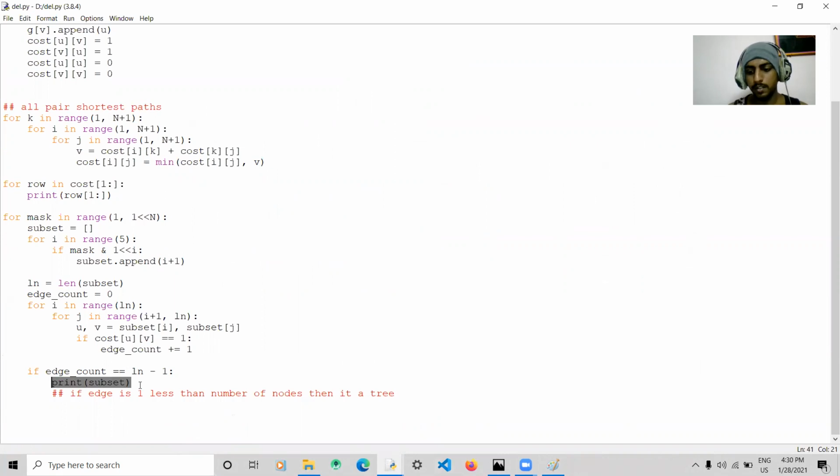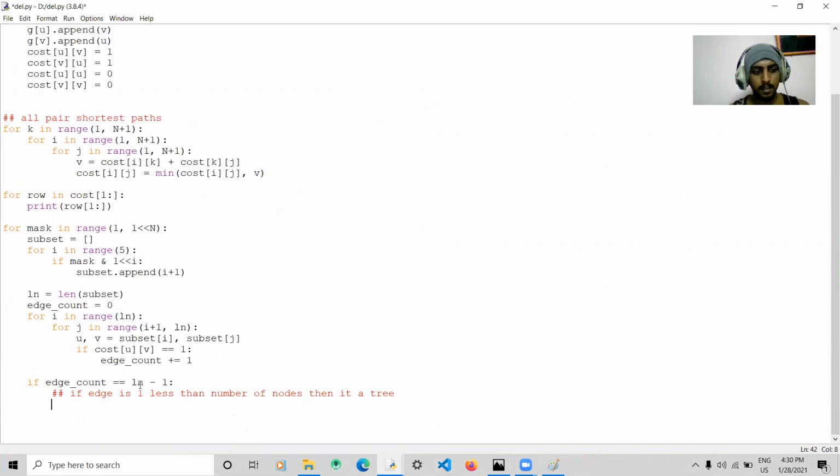Now if the current subset forms a good subtree, then what is its diameter? That's what we are about.